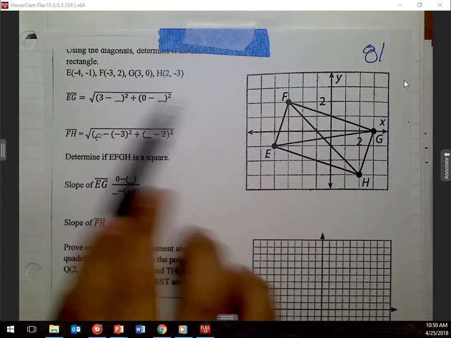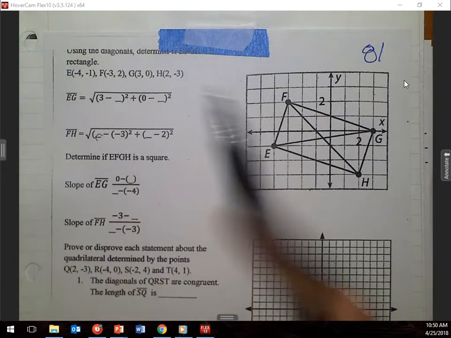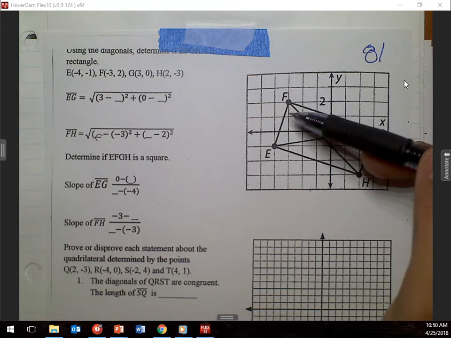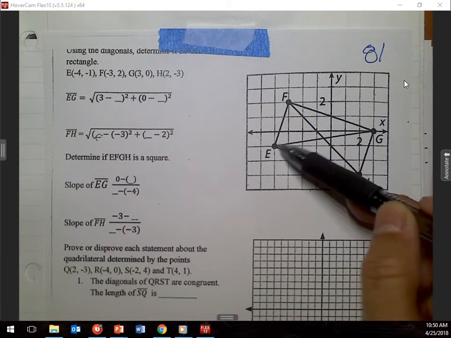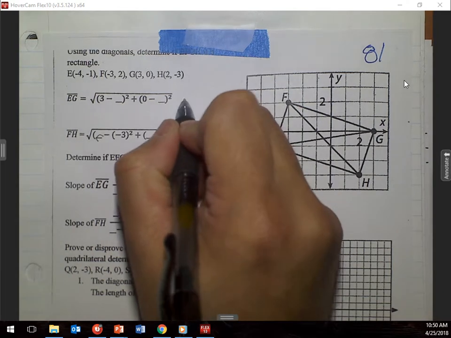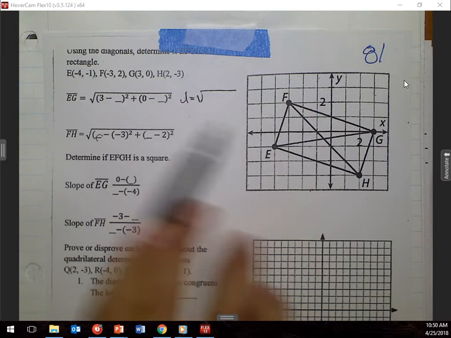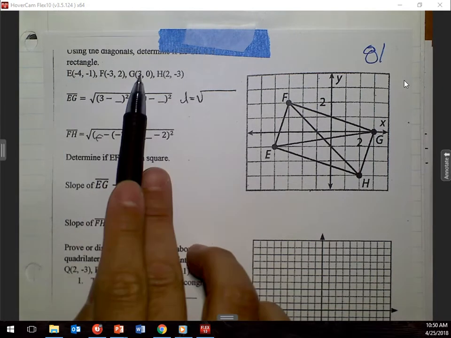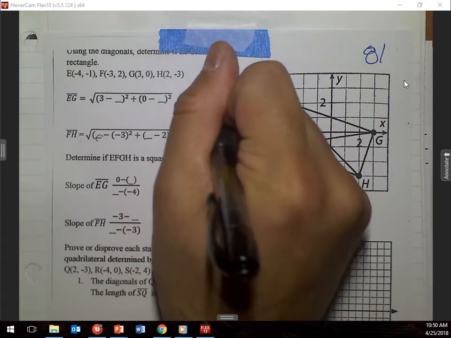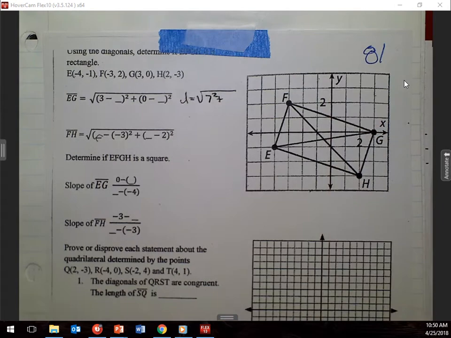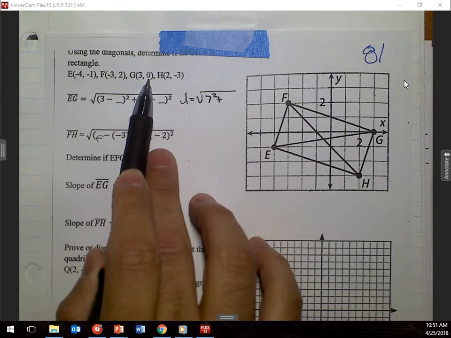Now for EG, we're going to find the distance of EG. So the formula that we use is slightly different. From E to G, we use the distance formula. So D is equal to the square root of, now, in between E and G, what is delta X? 7. So that's going to be 7 squared plus, what is delta Y? 1, right?